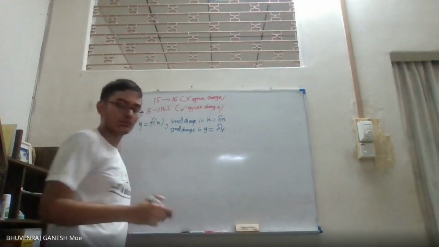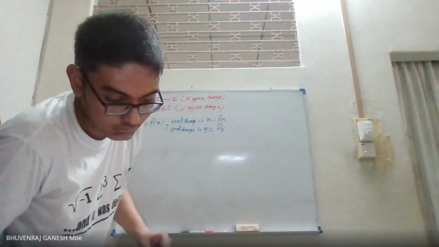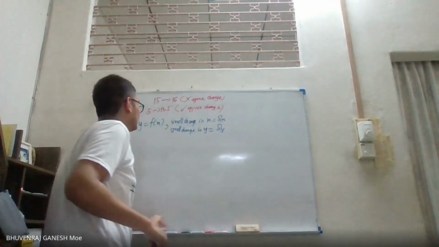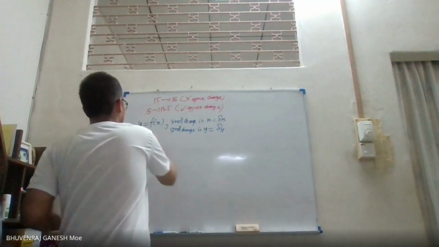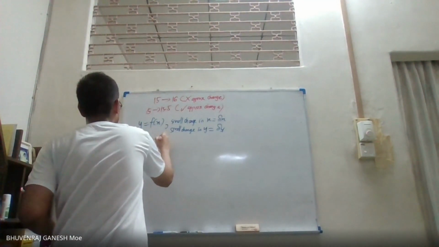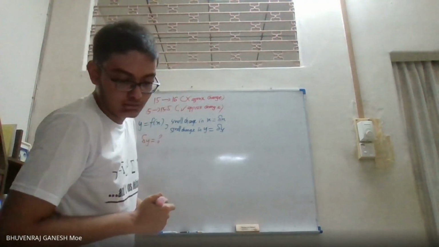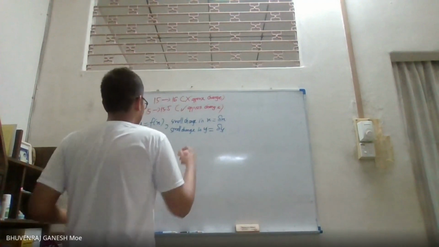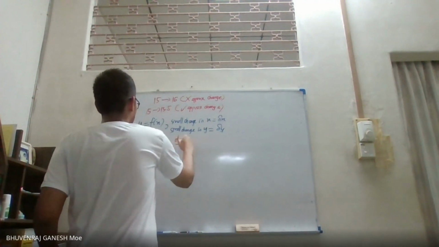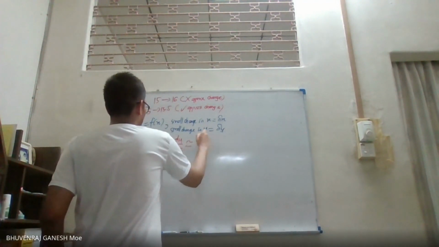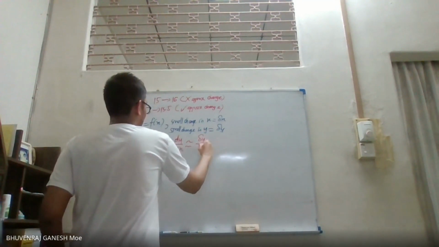It depends on the quantity in the end. If you want to find delta y, the small change in y, we have to make an assumption that dy over dx is equivalent to delta y over delta x.